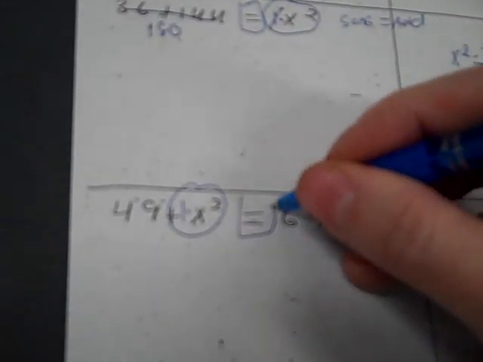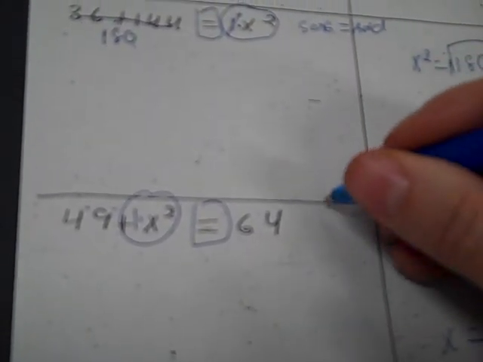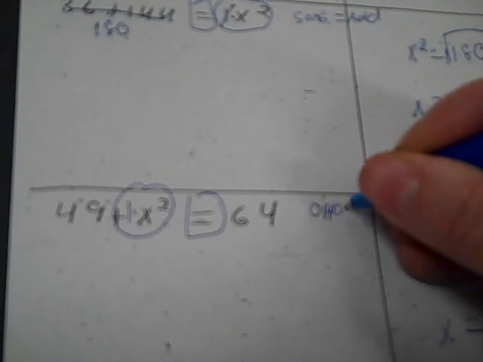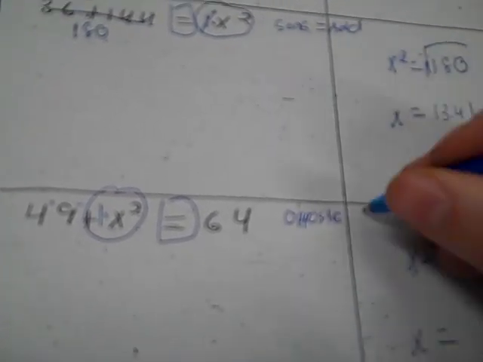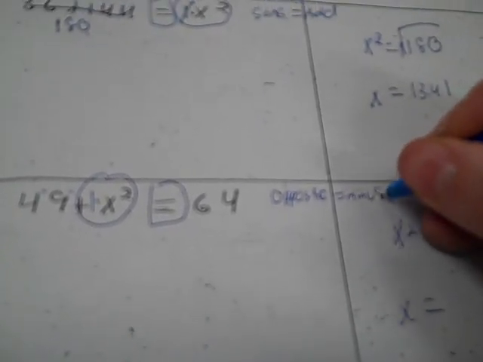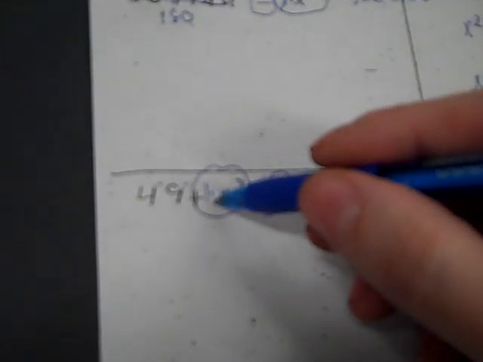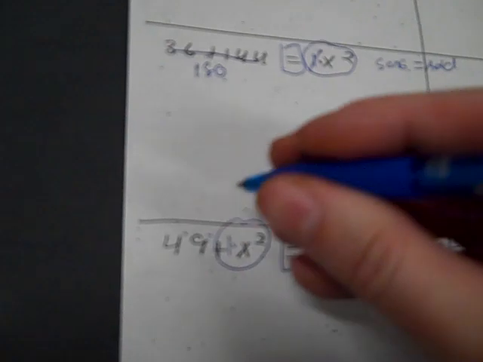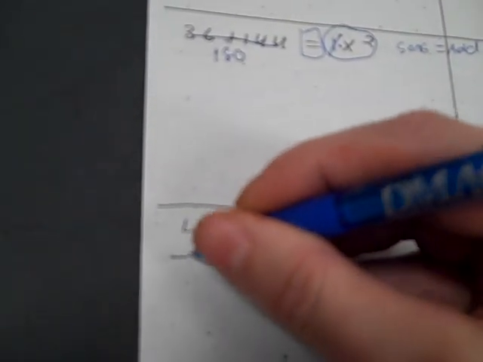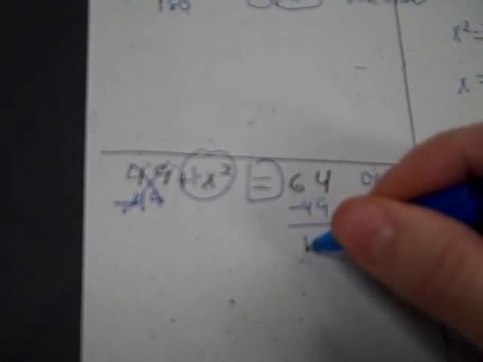Okay, here's my equals. They're on opposite sides. So if they're on opposite sides, we need to minus. Okay, which one do I minus though? The one that's with the x to the second, 49. Okay, so minus 49 from 64, and that's 15.